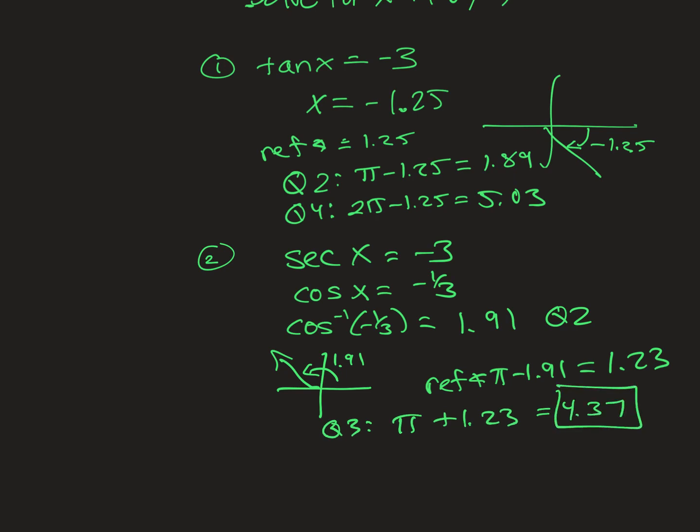That's my quadrant 3 answer, and this was my quadrant 2 answer. Again, it's good to keep in mind what the angles are approximately as decimals. Pi over 2 is about 1.57, pi is about 3.14, and 3 pi over 2 is about 4.7. So just keep that in mind.